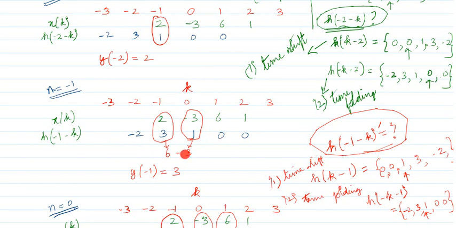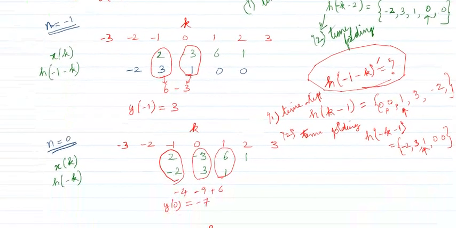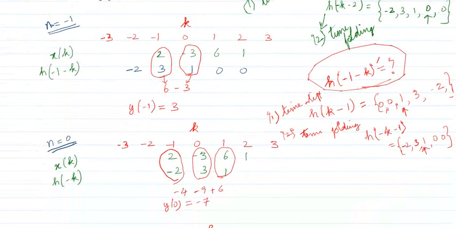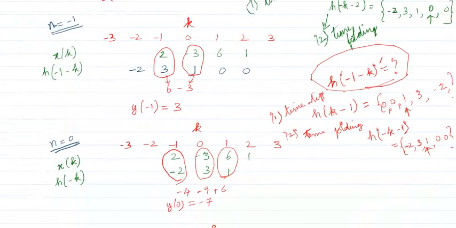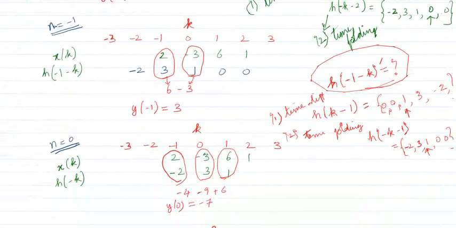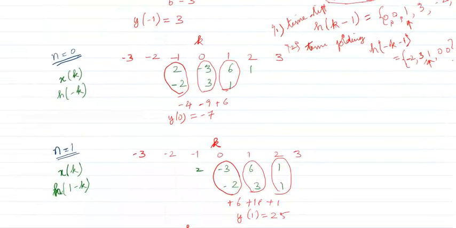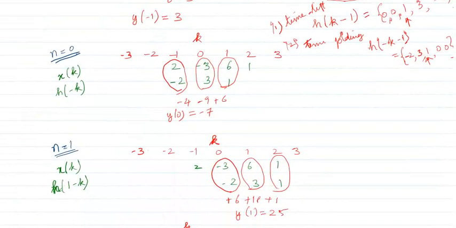Okay, now you can easily find. n equal to 0 means x of k is there. Next n equal to 0 means 0 minus k. Okay, it is again shifted. Minus 2, 3 and 1. Now we can multiply 2 into minus 2, it's minus 4, minus 9, 6. Okay, now 1 minus k, it is again shifted.